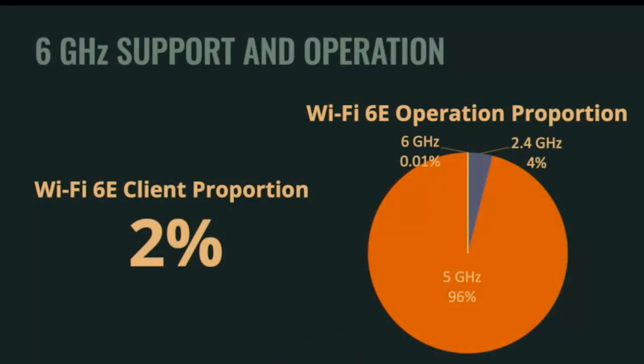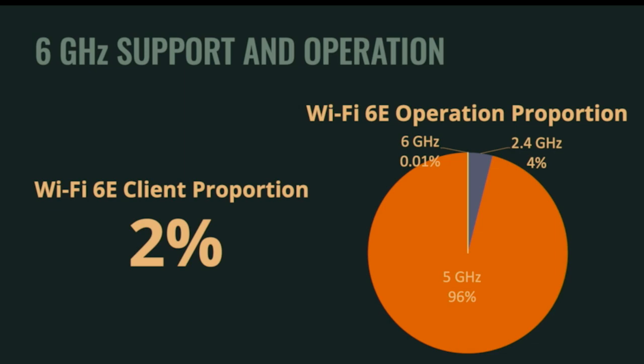And if we look across all the connections from all the clients in Mobileye, you can see that the 6 gigahertz slice of the pie is vanishingly small. 1/100% of the time do we actually have a client operating in 6 gigahertz. Of course, this includes dual band clients as well, but this is a broader view.